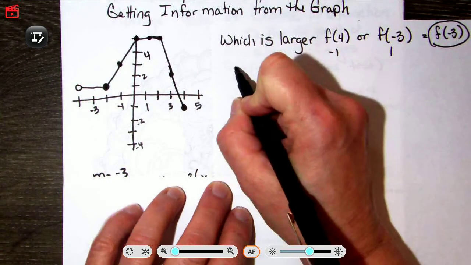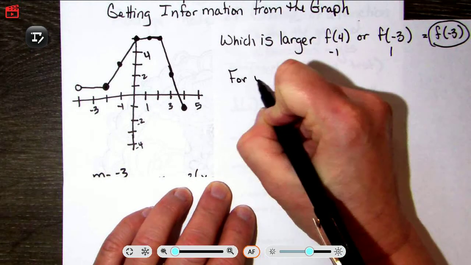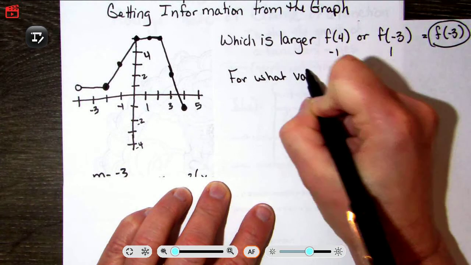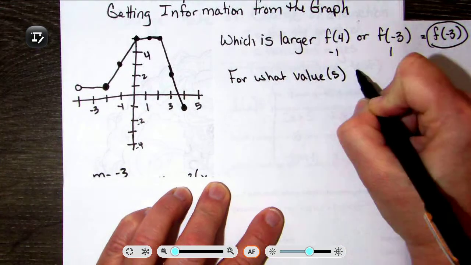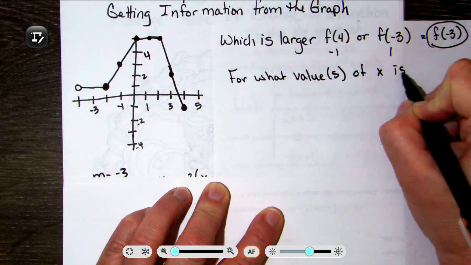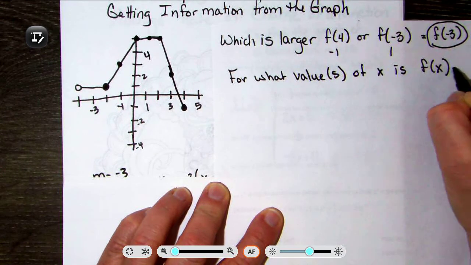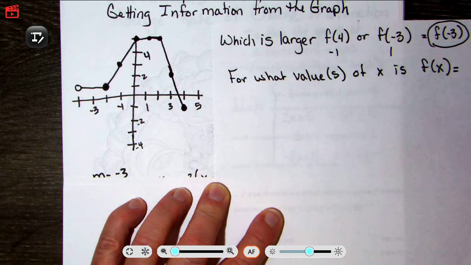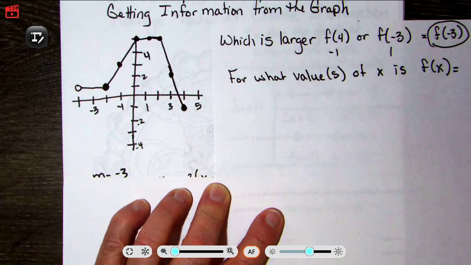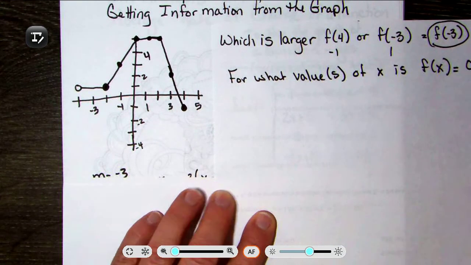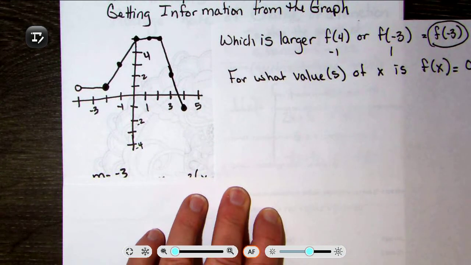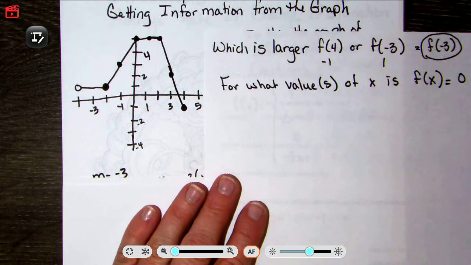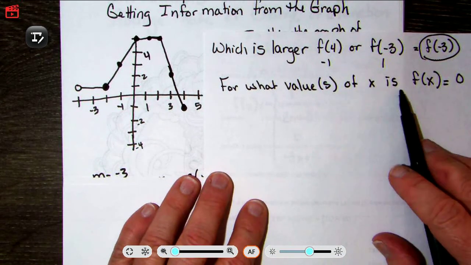Okay, let's ask another question. For what value or values of x is f of x equal to 0? Okay, so we want to know for what values of x is our function.